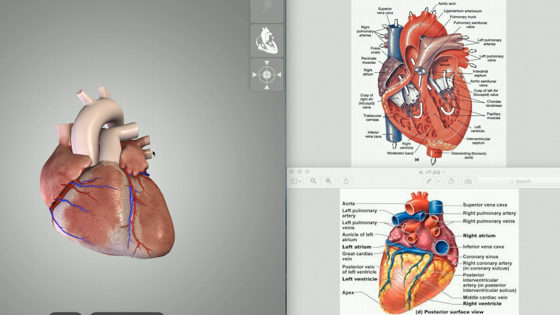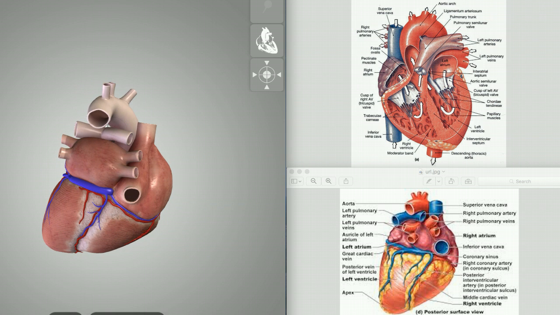Now, the main things that you want to be aware of is, if you revert back to the posterior view, what we can see here is the left atrium has 1, 2, 3, 4 valves that come off it. You might be wondering what they are. So the ones here, where my mouse is pointing to now, these are the right pulmonary veins.